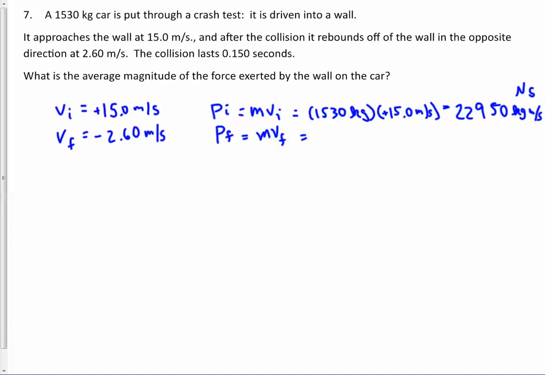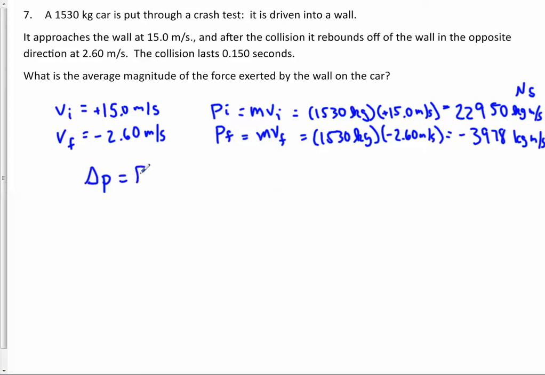And for the final, negative 3,978 kilogram meters per second, or newton seconds. The formula that we want to use is that the change in momentum is the average force times the time that elapses. Or the average force is the change in momentum divided by the change in time. We can figure out the change in momentum, and we have the amount of time that elapsed.